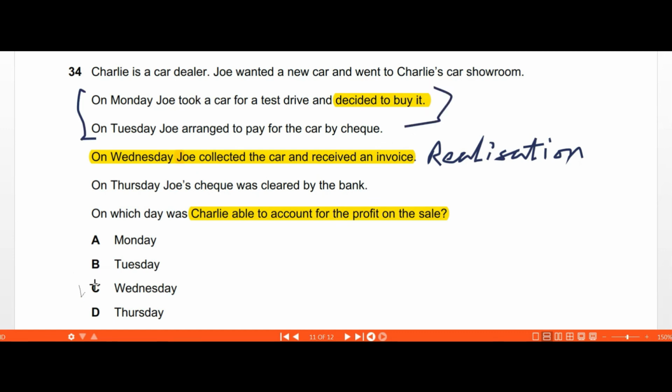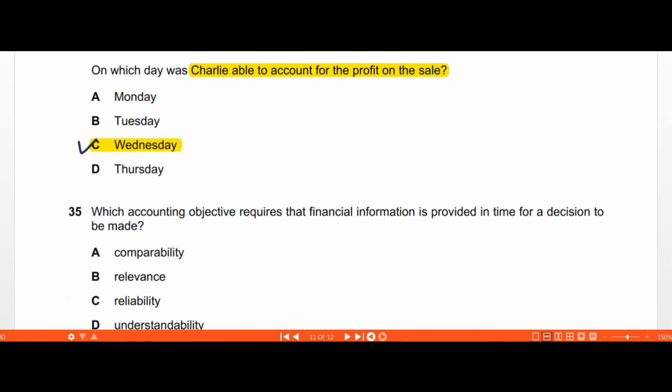So we will choose option C because of the concept of realization. The realization concept states clearly that you only record your profits once they have been realized, and you are not supposed to record them unless they are realized.